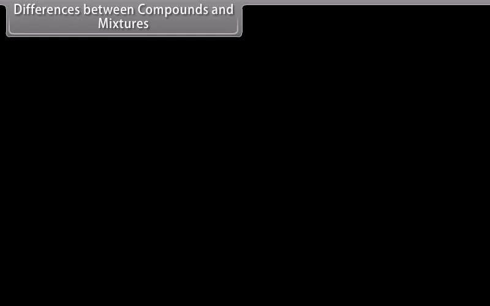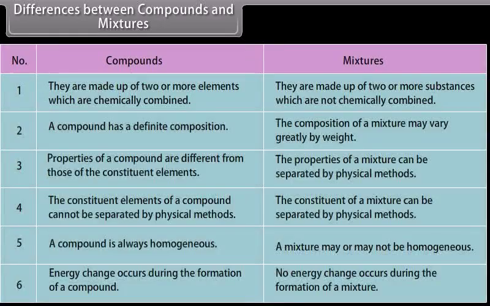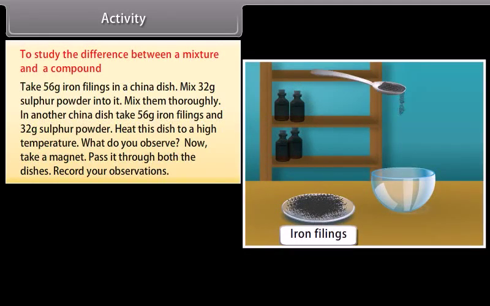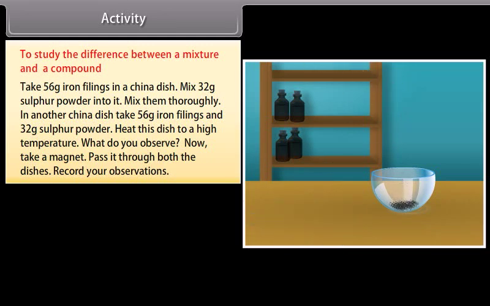Differences between compounds and mixtures. Activity. To study the difference between a mixture and a compound, take 56 gram iron filings in a china dish.